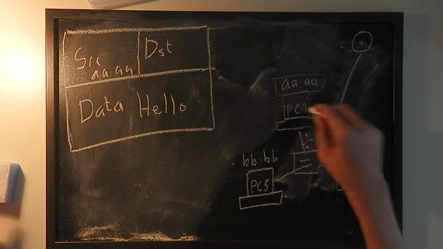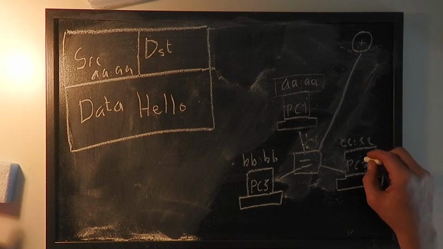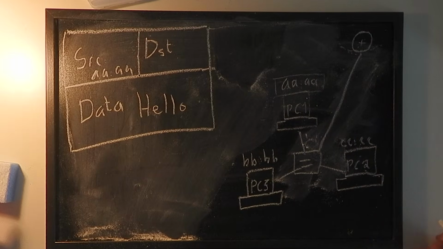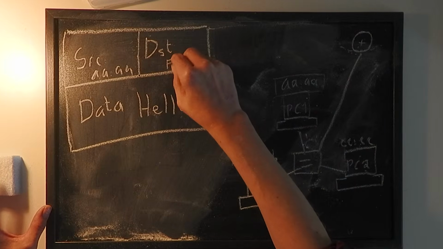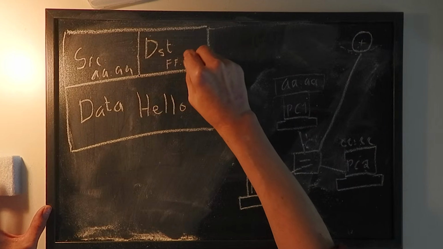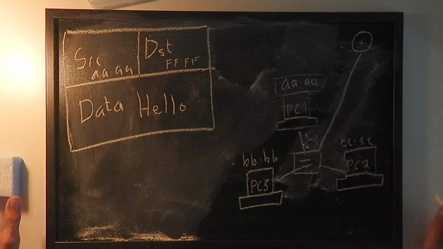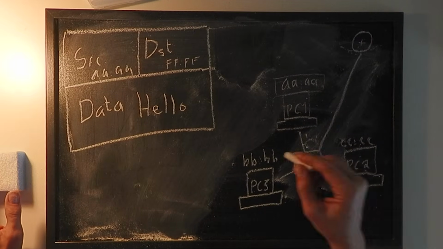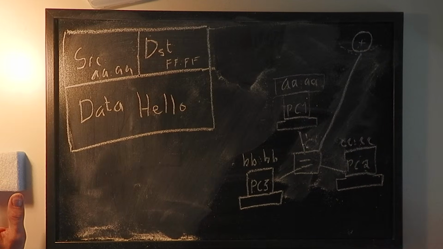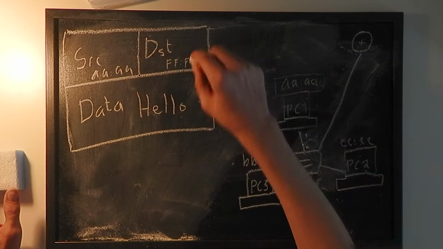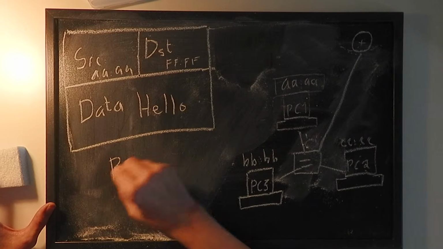Remember that PC1 does not know the MAC address of PC2. So in this case, we put all Fs. I'm only writing 4 Fs here, but it's a full MAC address of Fs. So what is it, 12 Fs or something. And this is called a broadcast frame.